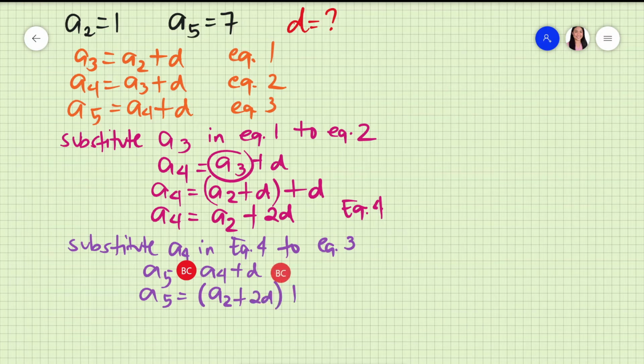Then, copy d. Now, simplify the equation. A sub 5 is equal to a sub 2 plus 2d plus d, which is positive 3d. And this will become our equation 5.